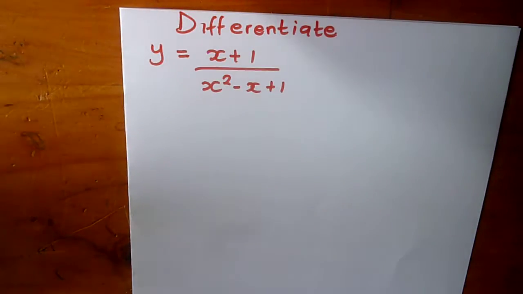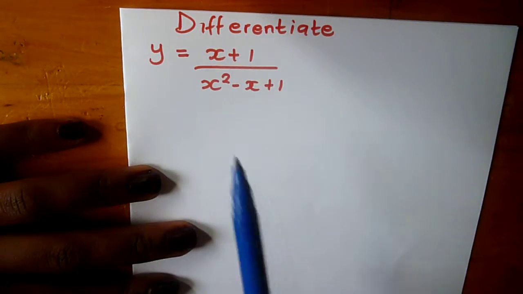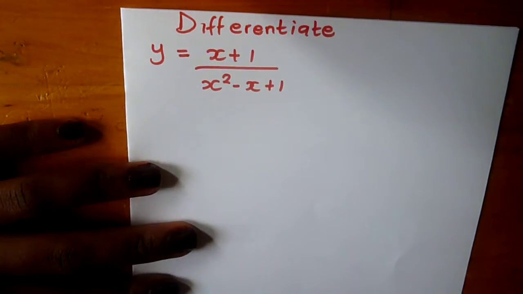Hello. When you ask to differentiate such a function, we have x plus 1 as the numerator and x squared minus x plus 1 as the denominator.